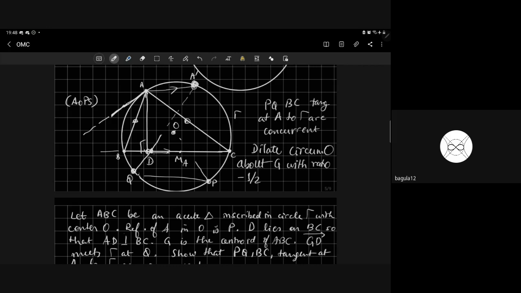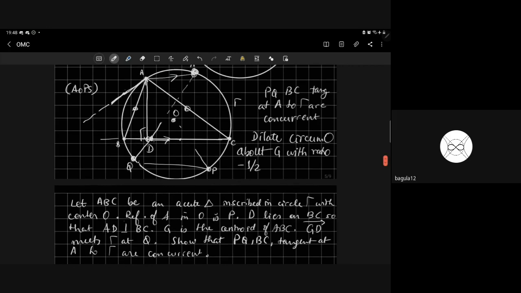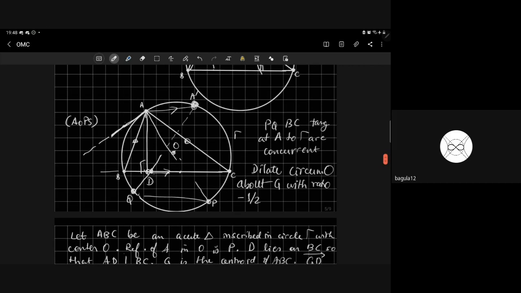Now A prime is parallel to BC. If A prime is parallel to BC and AP is a diameter, so A prime P angle is 90, correct? If A prime P is 90, then A prime P is perpendicular to BC.